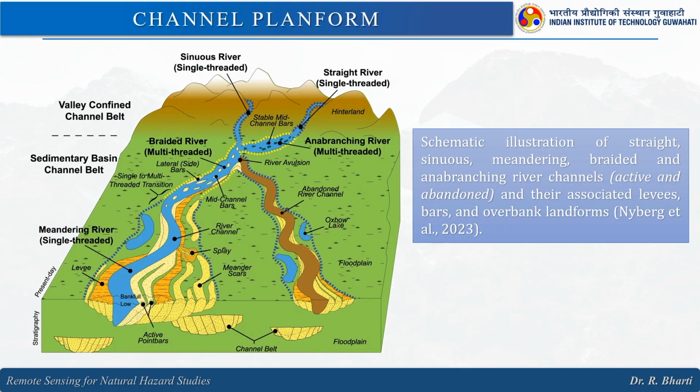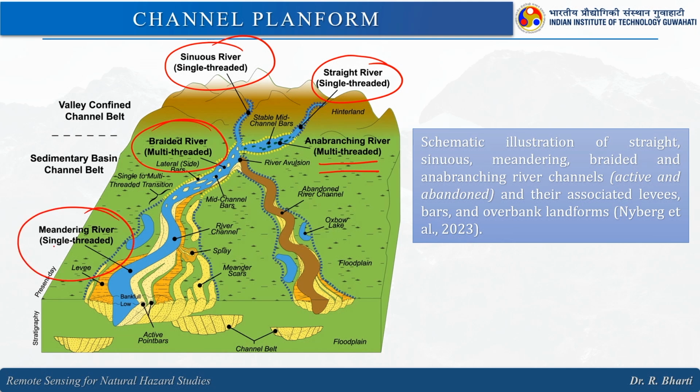When we see a particular catchment, here you can see different features are mentioned. Here you have a straight river, here you have a sinuous river, here you have a braided river and here you can see the meandering river. So, this one figure explains all the different types of features of a particular channel.